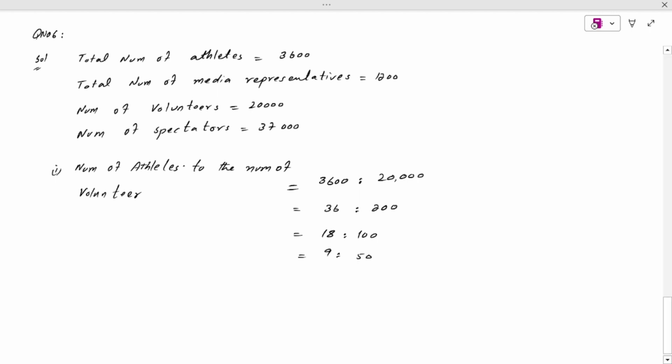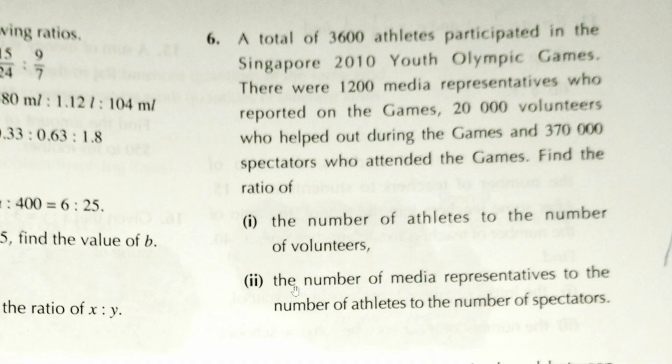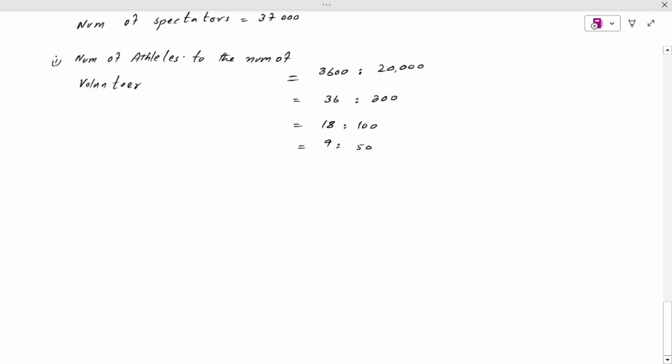Now let us solve part 2, and part 2 is a continued ratio: the number of media representatives to the number of athletes to the number of spectators. So let us solve the second part.